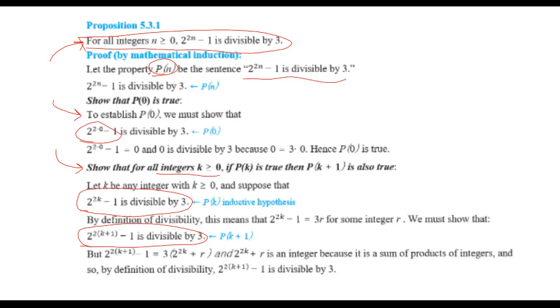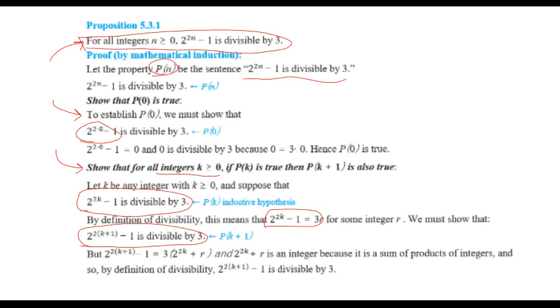In order to show that, we need to use, obviously, the inductive hypothesis, right? So by the definition of divisibility, and based on the inductive hypothesis, we can say 2 to the power 2k minus 1 is equal to 3r for some integer r, right? That's the definition of divisibility by 3.